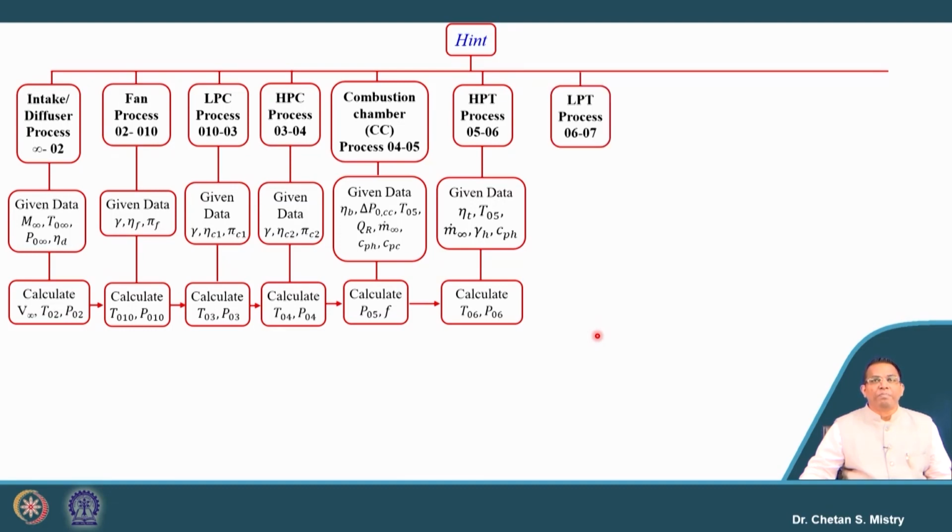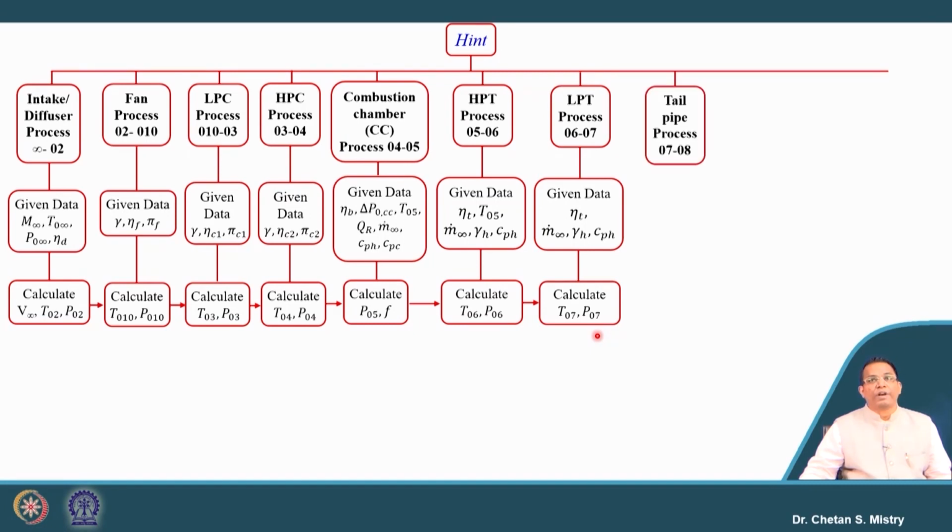Similarly, for the LP turbine, we have the information about the efficiency, and based on the previous temperature calculation, we can calculate the exit temperature from the LP turbine, and based on the efficiency formulation, we can calculate the exit pressure from the LP turbine.